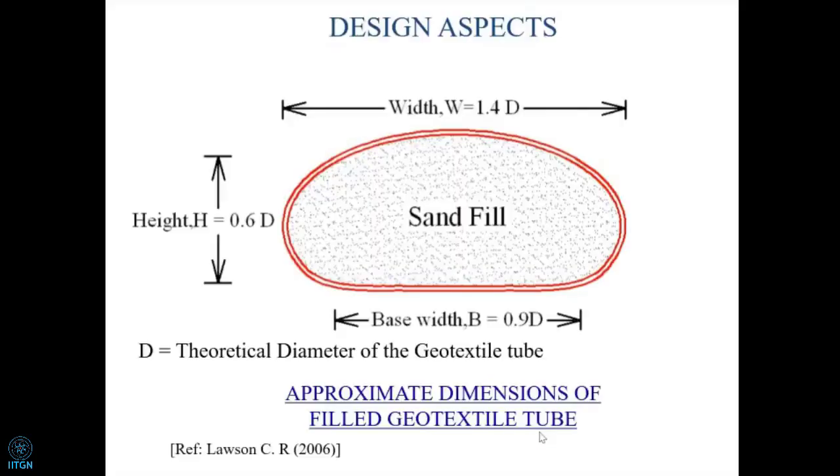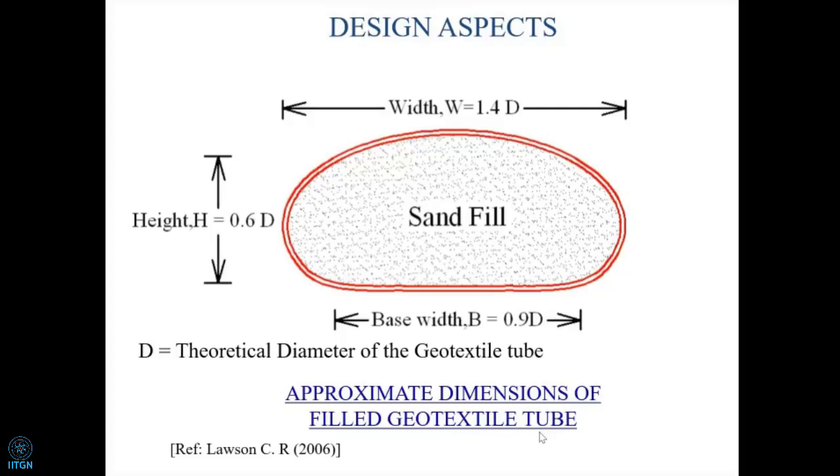Okay? Then, the textile could also be fabricated in the form of a circular tube, which, when filled with the fill material or the sand material, takes an elliptical shape, and this is called a tube.